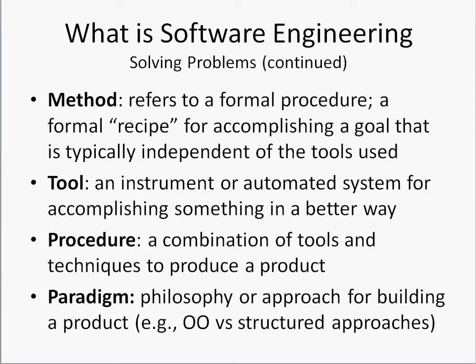Again, software engineering is about solving problems, and some of the nomenclature we need to be familiar with up front is, for example, what a method is, a tool, a procedure, a paradigm, and this should be familiar to you from previous engineering and software classes. A method refers to a formal procedure or a recipe, and sometimes we can call a method a design pattern.